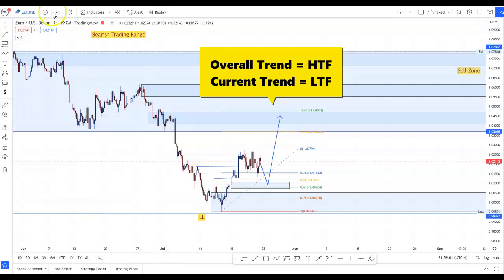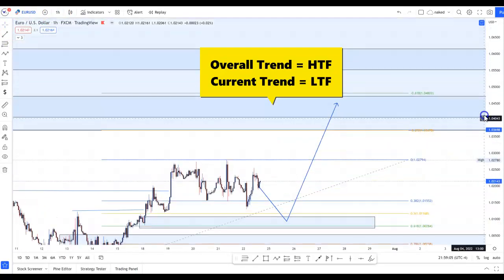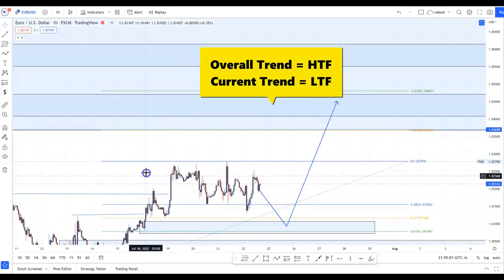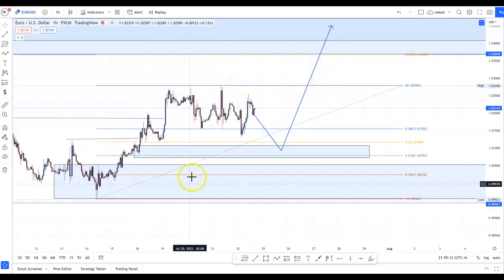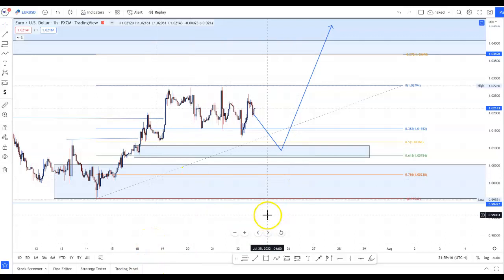Also, if we go down to the 1 hour, you could definitely see the current trend on the 4-hour and 1 hour is still bullish. We're still very bullish on this pair.